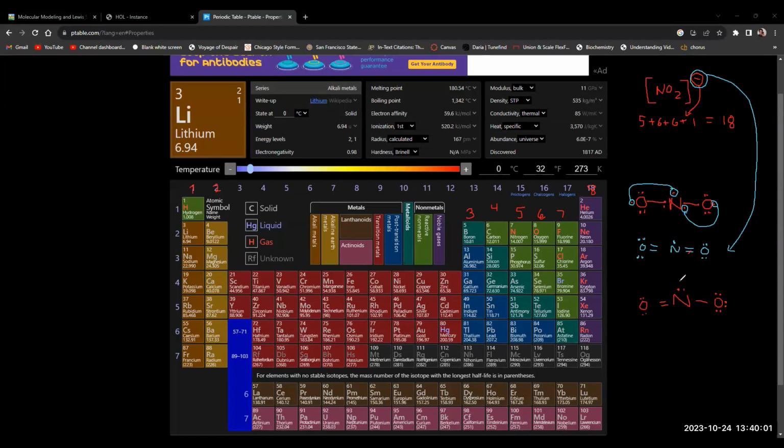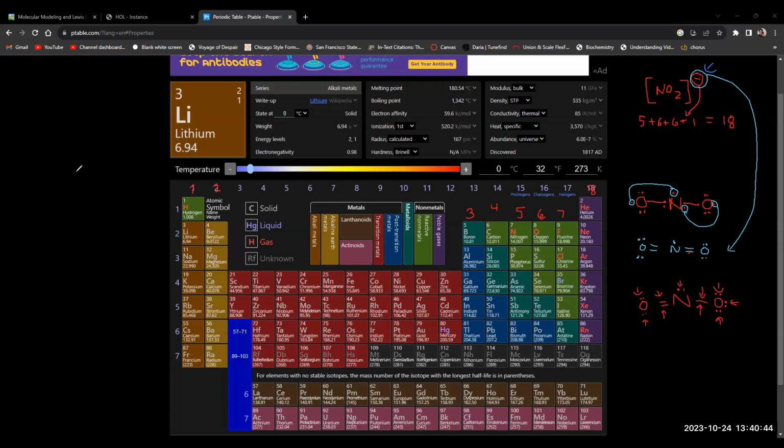So 4, 6, 8, 2, 4, 6, 8, 4, 6, 8. So every time you have this charge on that structure, it's accounted for. We don't just get rid of it. We add on to it.